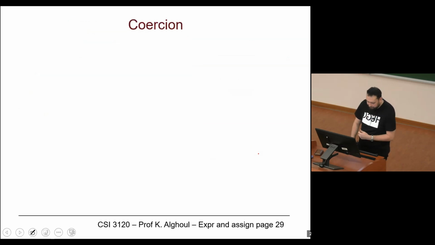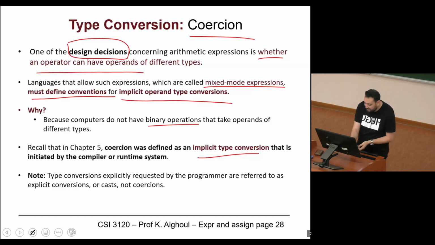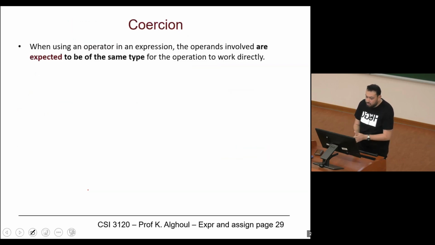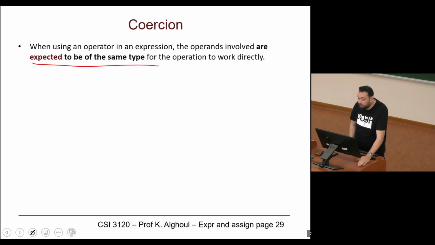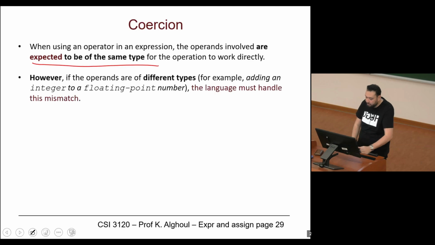Coercion, so no explicit type conversions. Now, if you're doing an explicit conversion, it's not coercion anymore. It's called casting or explicit conversion. So when using an operator in an expression, the operands involved are expected to be of the same type. That's why we need to deal with it.